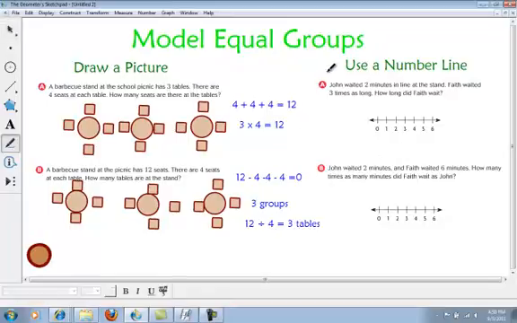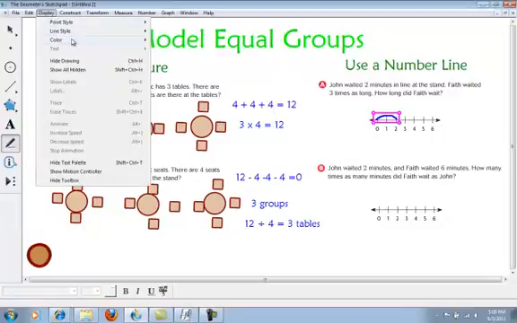Let's read this question. John waited 2 minutes in line at the stand. Faith waited 3 times as long. How long did Faith wait? Well, let's look here. John waited 2 minutes. So that distance there represents how long John waited.